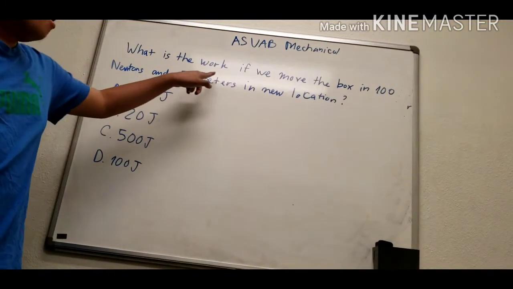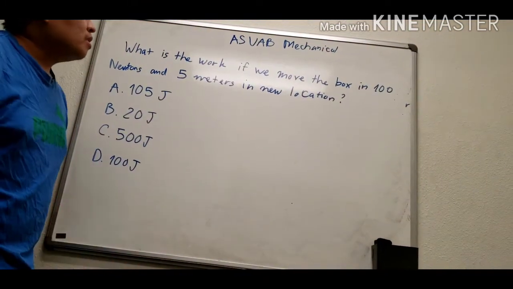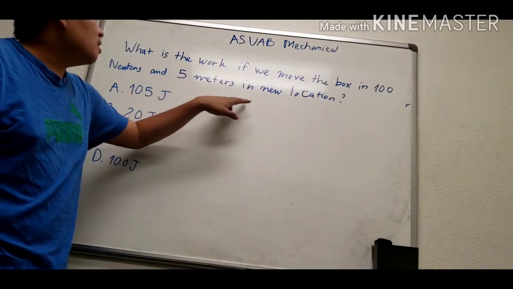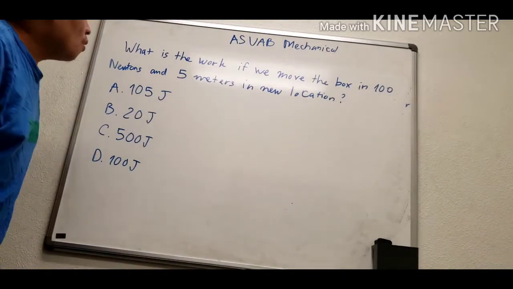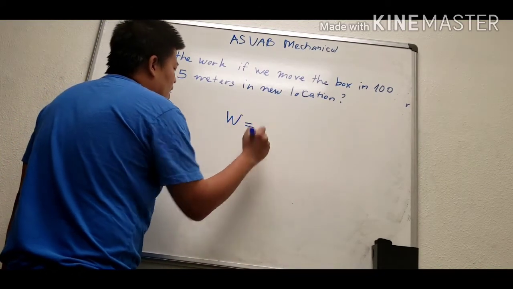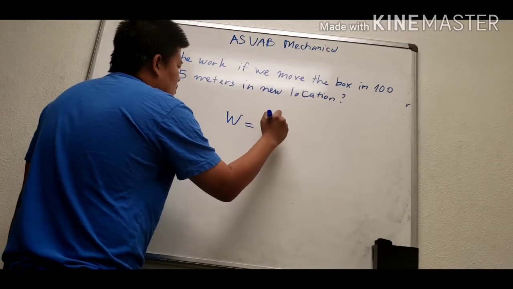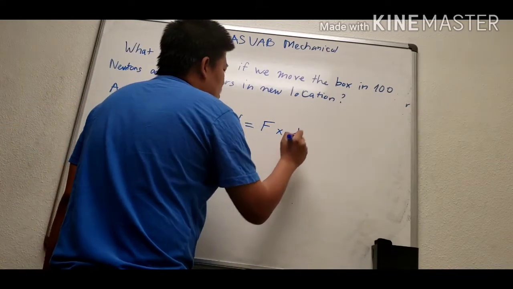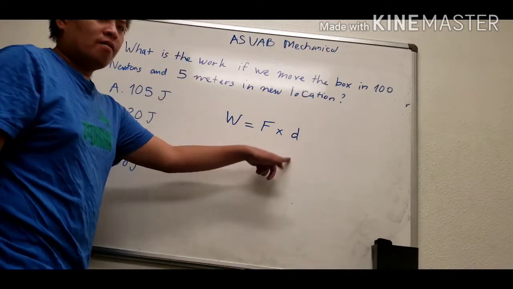What is the work if we move the box with 100 newtons over 5 meters to a new location? We have the formula of work: force multiplied by d, where d is displacement.